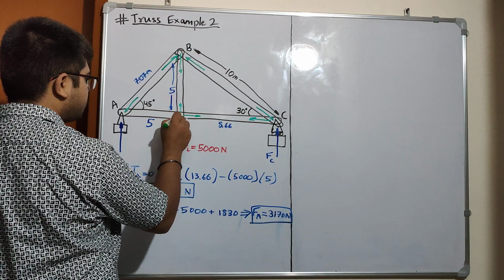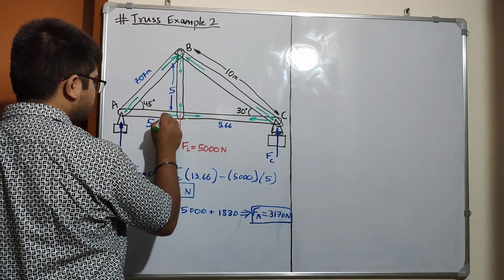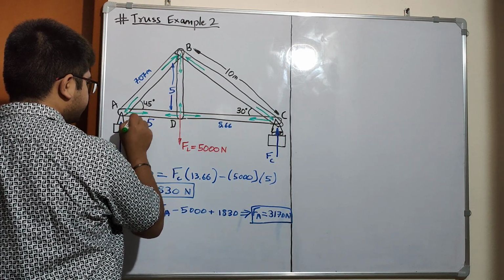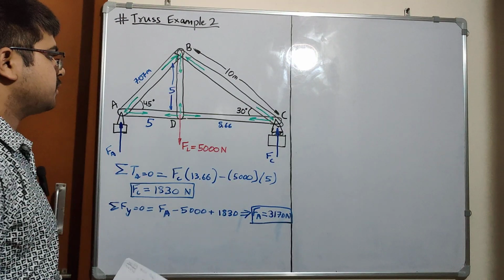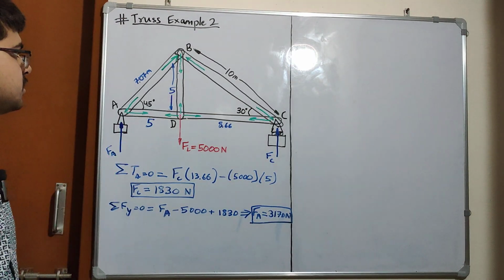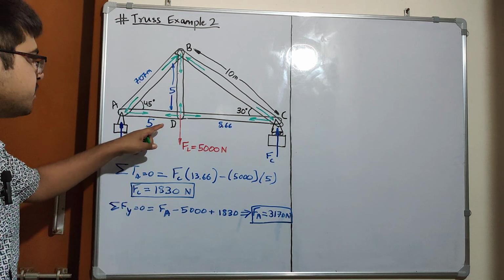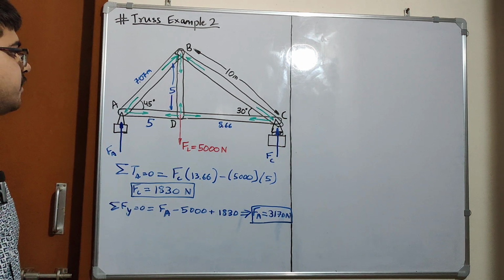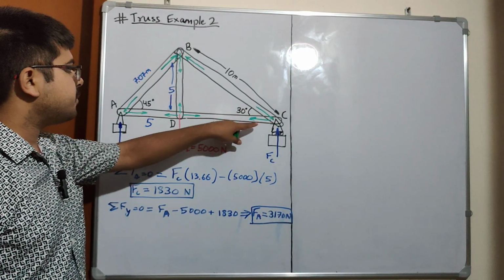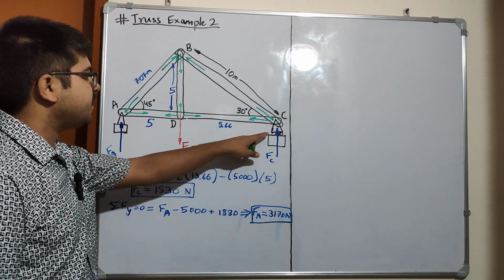Similarly, for this we will have in this direction force, in this direction force. So these are the internal forces in the members. Now to calculate the force in the members, we will take any point. I'll start by taking point C.